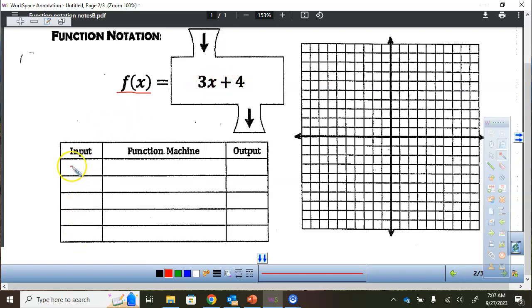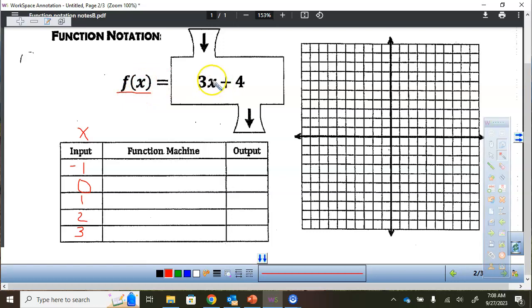So let's put some numbers into our function. On your note sheet, let's fill in the input column: -1, 0, 1, 2, and 3. Input is my x value. So that tells me what I'm going to put in for x.